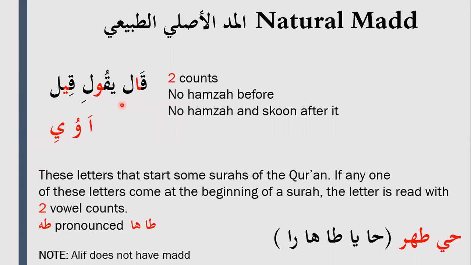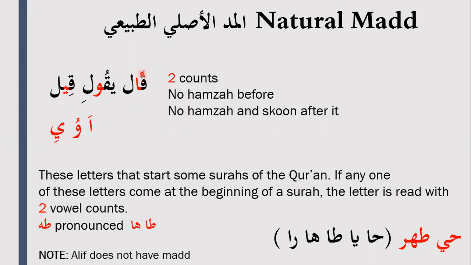Your mud letters, which is your alif, waw, and ya. So the actual letters alif, waw, and ya are referred to as the letters of mud. When these letters are preceded by their matching vowel, you will elongate that sound or that vowel.